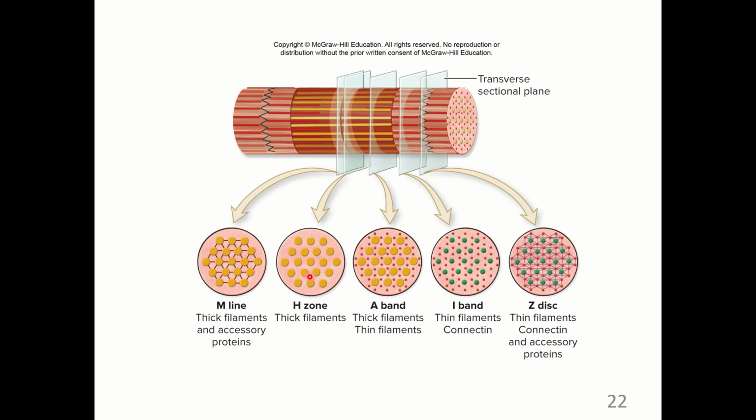There are places where the thick filaments do not overlap with the thin filaments. This gives us the striations. And then the A band is where both the thick filaments and the thin filaments overlap, giving us darker striations.